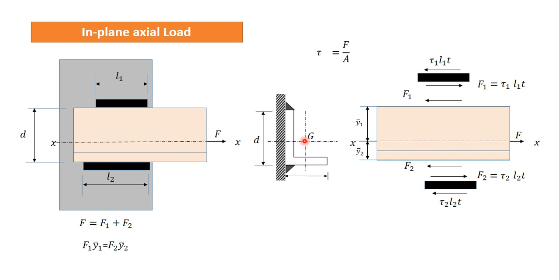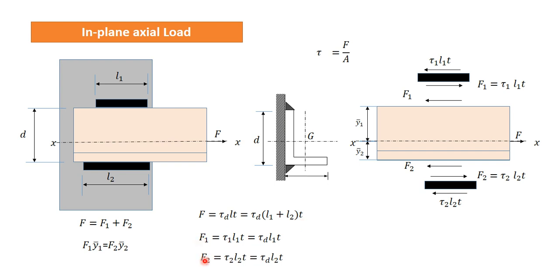That is why we always try to apply load through the CG of this geometry. This is how we can find the total length, and once the total length is obtained, we can distribute these lengths like this.